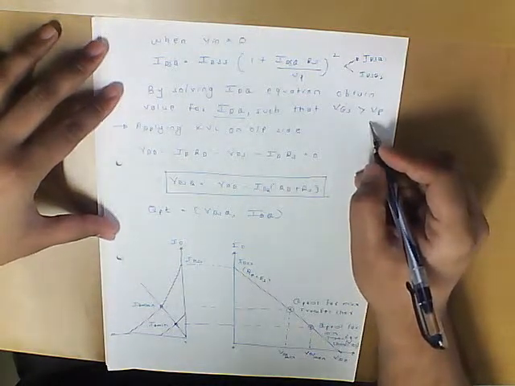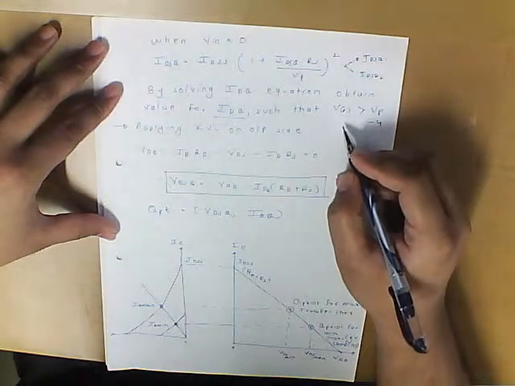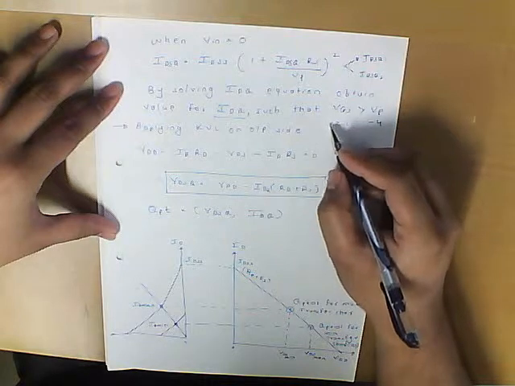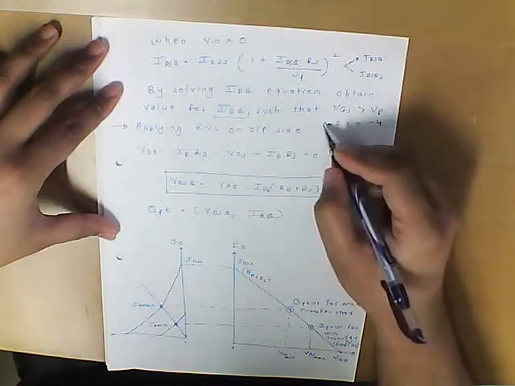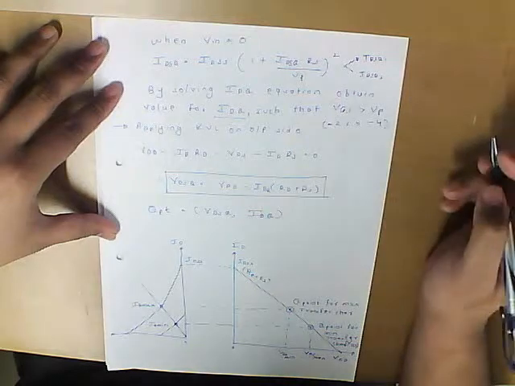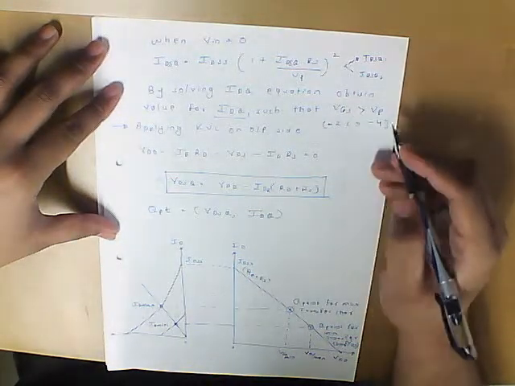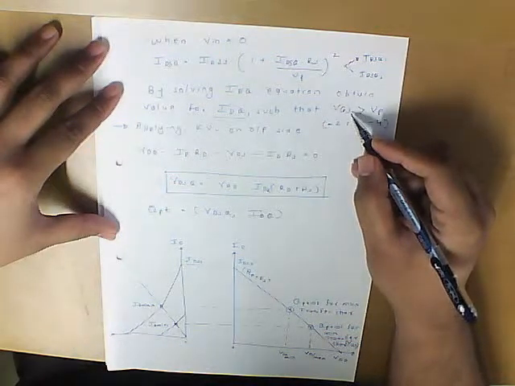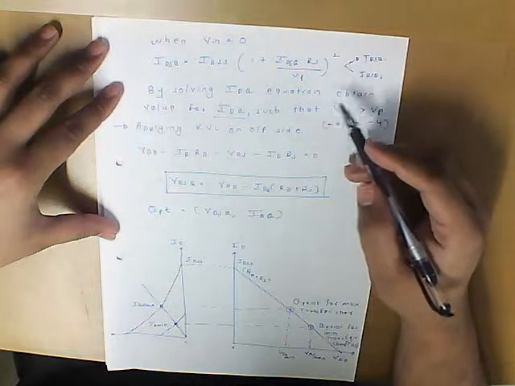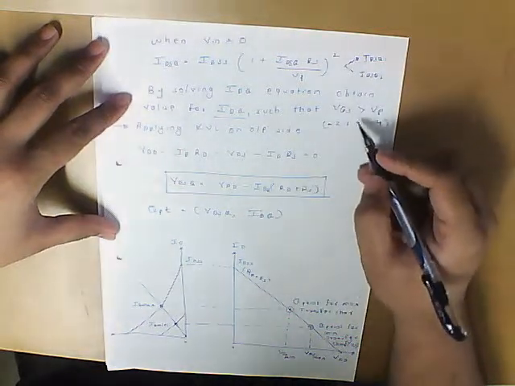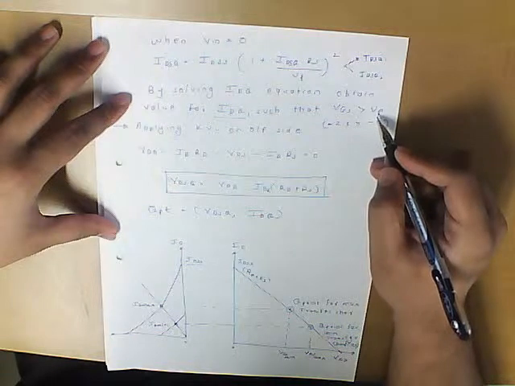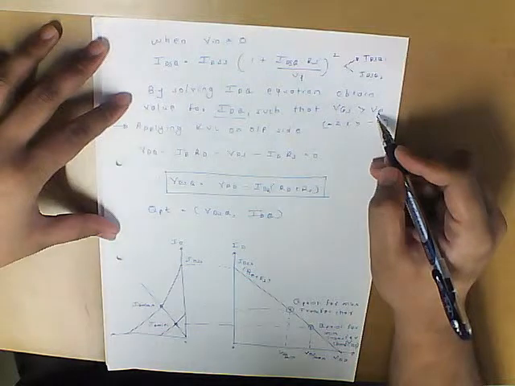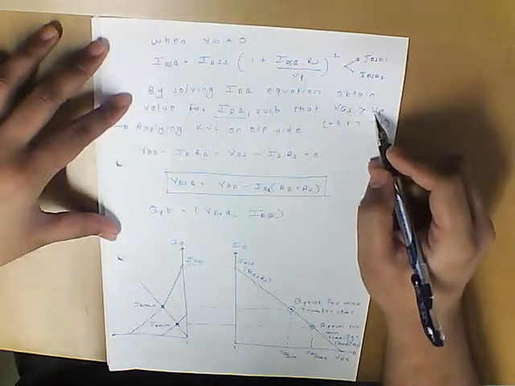So if VP is minus 4, my VGS, for example, has to be greater than that, so it can be around minus 2.5. So we have to select IDSQ1 or IDSQ2 in such a way that this VGS is always above VP, that is, greater than the pinch off voltage. That is a very important thing in the self bias circuit.